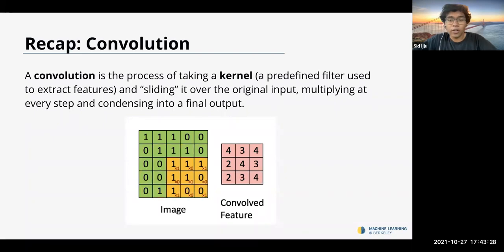Those filters could be anything from a horizontal line to a diagonal line. The job of your convolutional neural network, through this process of convolutions, is to run those filters over the original input, ensuring that the final output is something reasonable, based on whatever problem you're training it for.